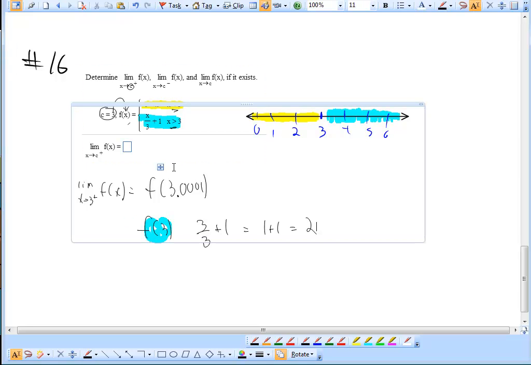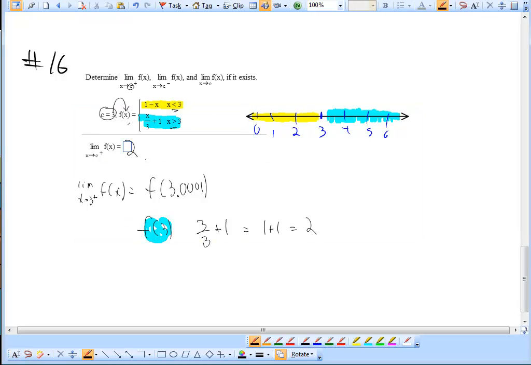So my blue rule, which is my approach from the right rule, says that as I approach from the right of 3, the limit is going to be equal to 2. That's your first part. Okay, my second part is asking as I approach 3 from the left side, I use my yellow rule, because that's my less than side.